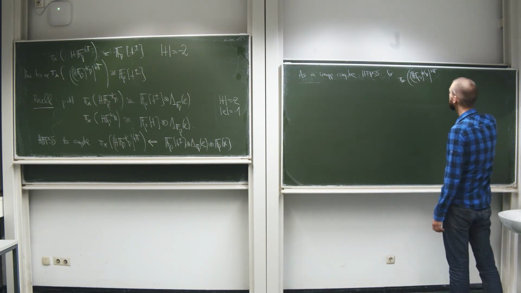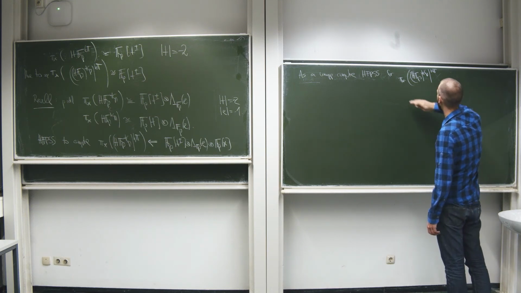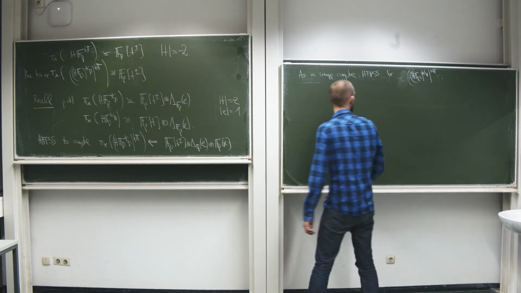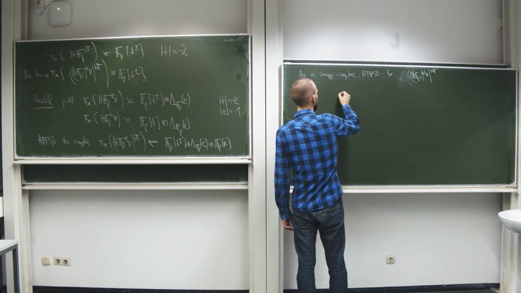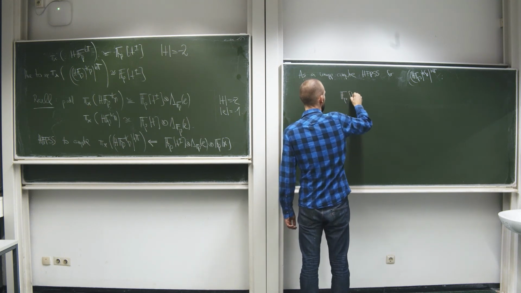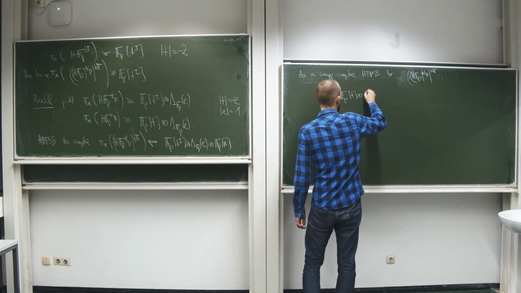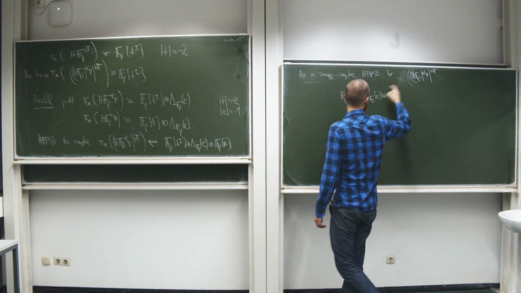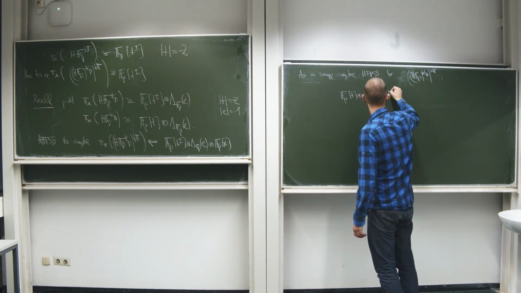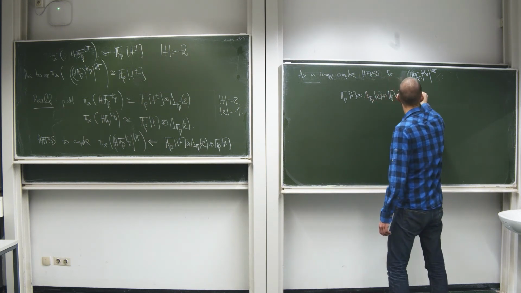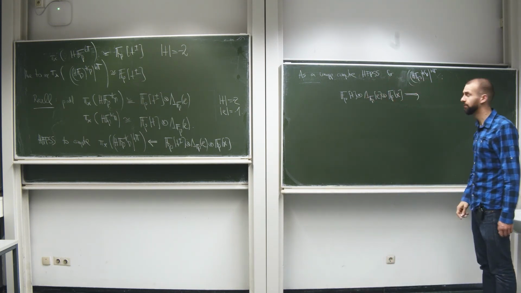And which form does this take? Let me write it like this. The E2 page in this case is just going to be FPT tensor lambda FPE, and then again, the same generator FPX. And this will converge to the homotopy groups of this guy.